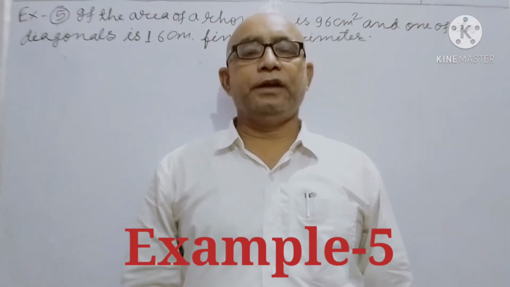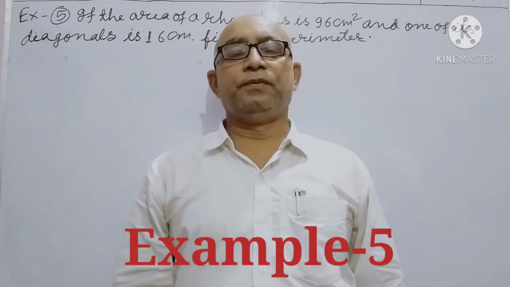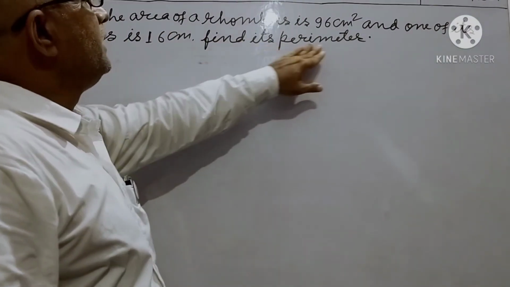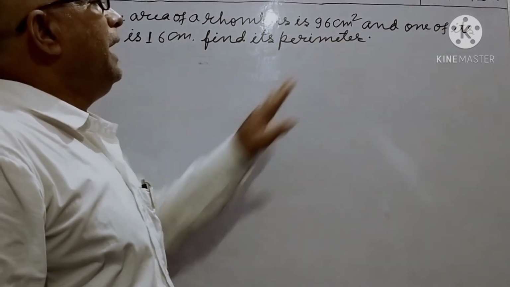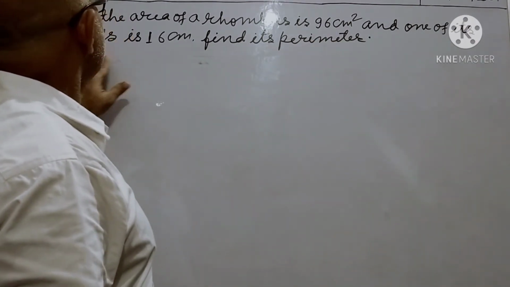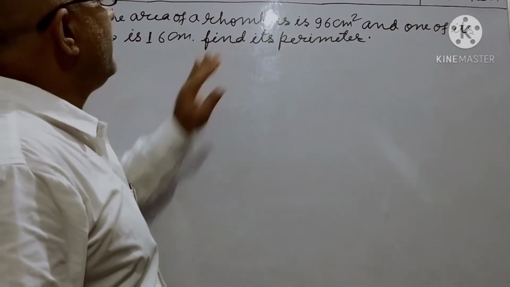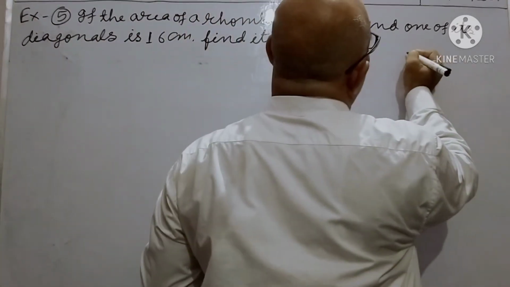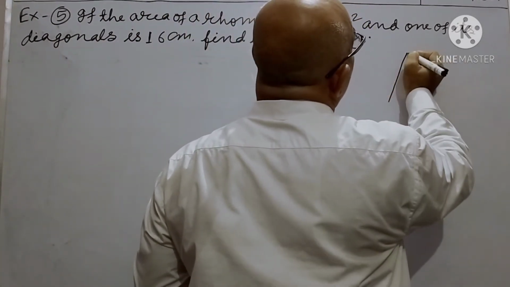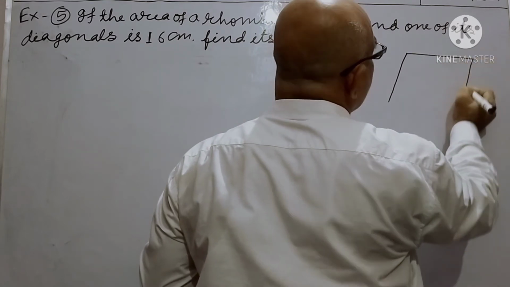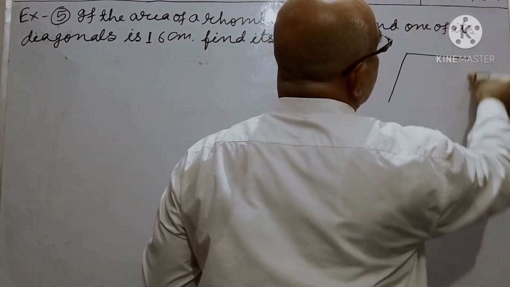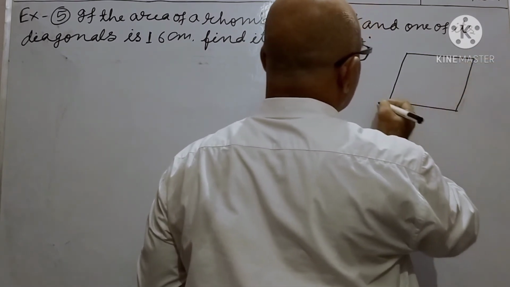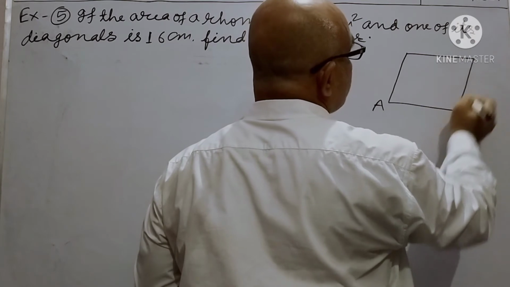Students, next question is example number 5. In this question, if the area of a rhombus is 96 cm square and one of its diagonals is 16 cm, find its perimeter. Let ABCD be a rhombus.